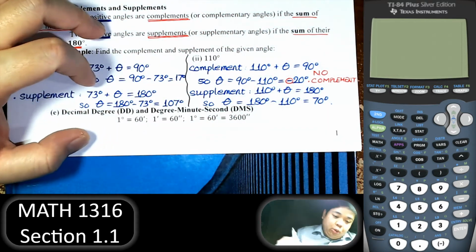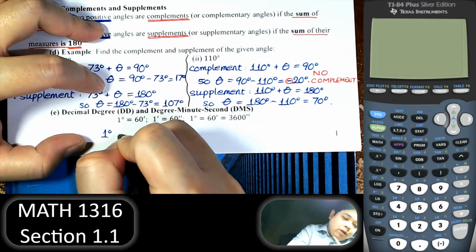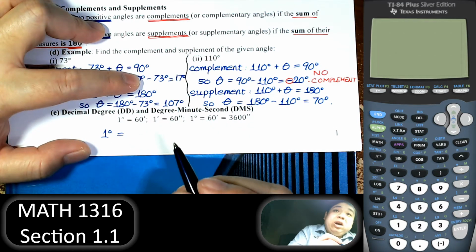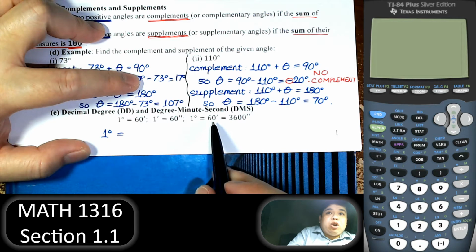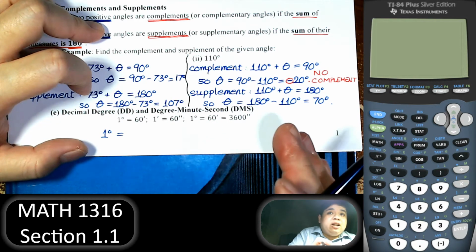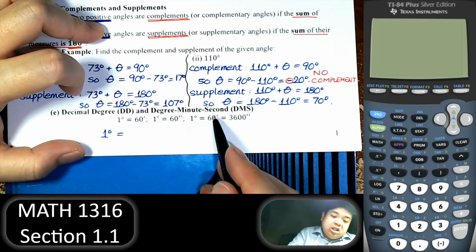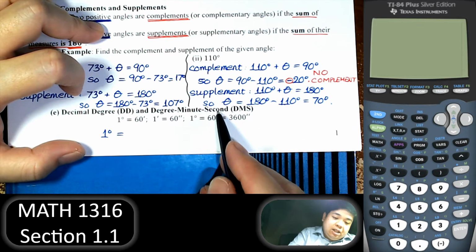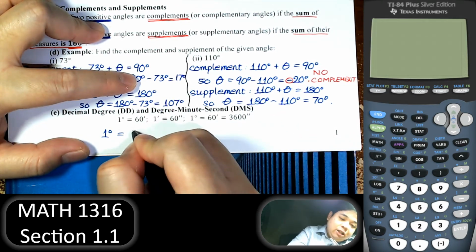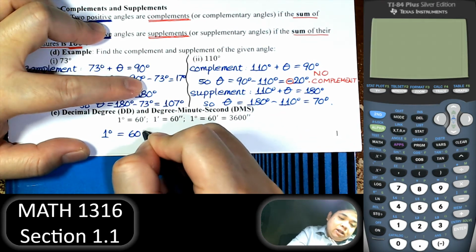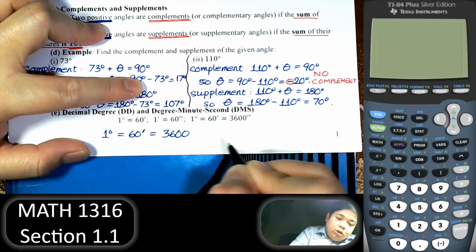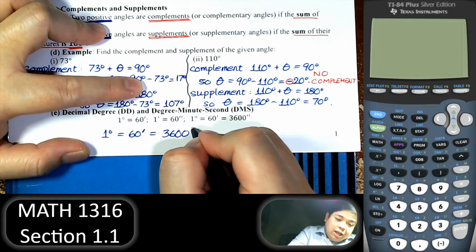By the way, do not use S for second, because S is the unit of time. This is the unit of angle, so we use that double apostrophe there. So 1 degree is equal to 60 minutes, equal to 3600 seconds.